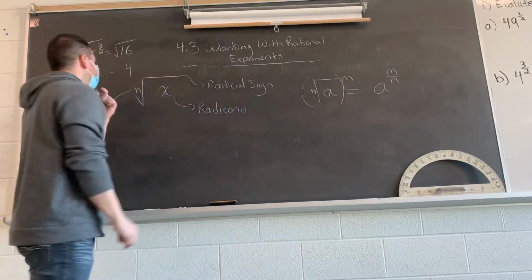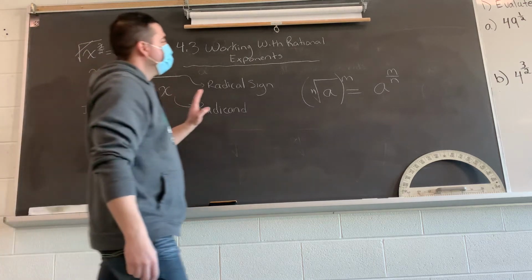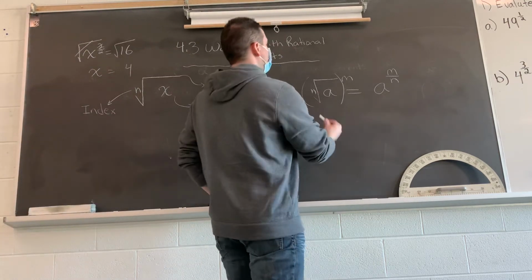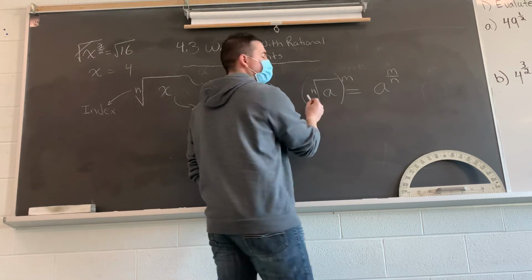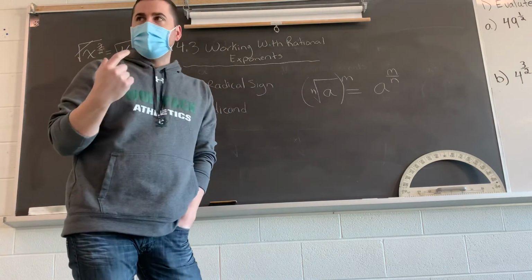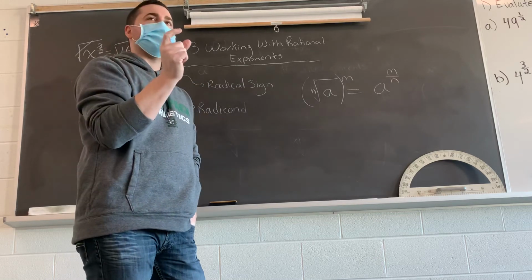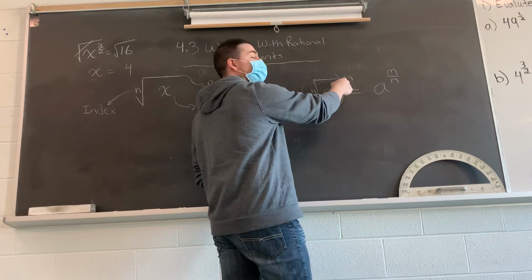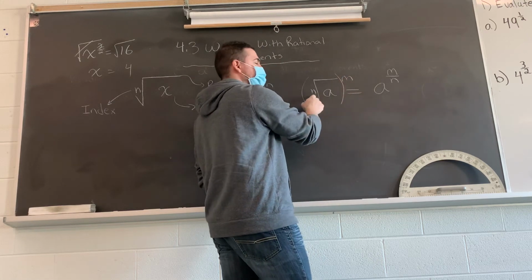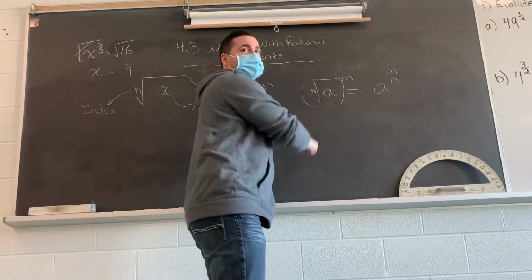Okay, so those are some of the terminology. Again, when we have a, and this is the n, this becomes what you're dividing by. It becomes the denominator in the exponent. So this is the exponent, this is the numerator of the exponent, and this is the denominator of the exponent.